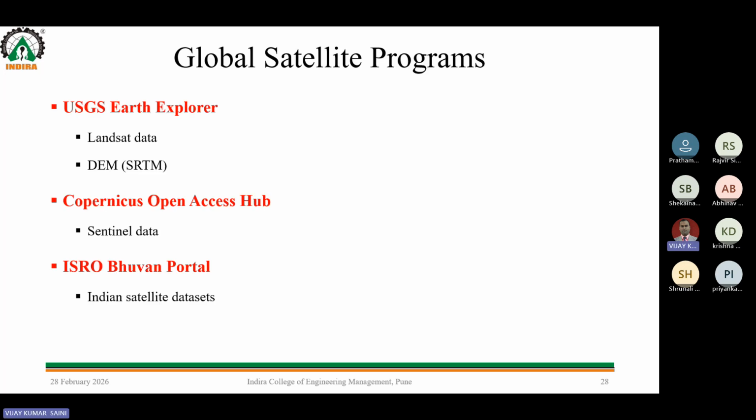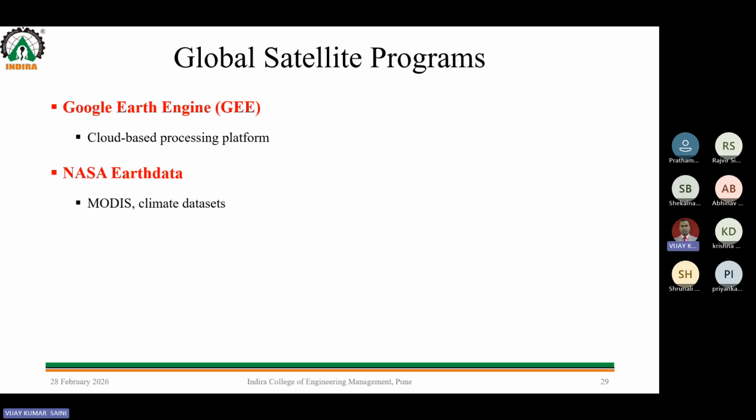The programs are USGS EarthExplorer, Landsat, then OpenEarth Hub for incidental data, then ISRO Bhuvan portal data sets, then Google Earth Engine, a cloud-based program, then NASA Earthdata, that is MODIS climate data sets. So we have different satellite programs and data links.